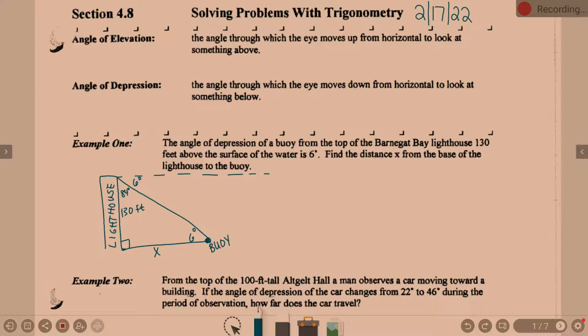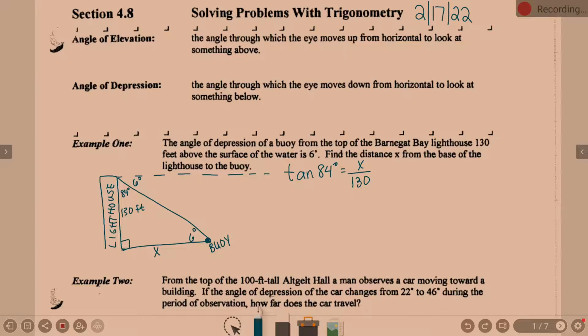Yeah, tangent is opposite over adjacent, so you could say the tangent of 84 degrees is equal to x over 130. I'll be honest, that's not the one that I usually do. It makes sense, though. It's totally right. I usually, because they give me 6, I usually use the 6 down here.